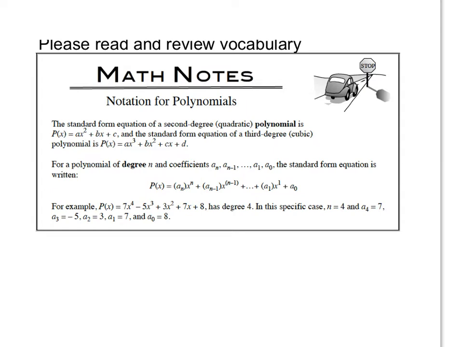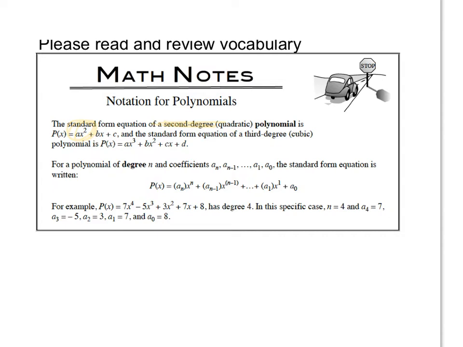This is a second degree because this lead term has a degree of 2, or in other words, the term with the largest degree in this polynomial is of degree 2.